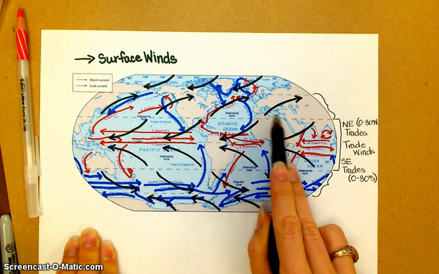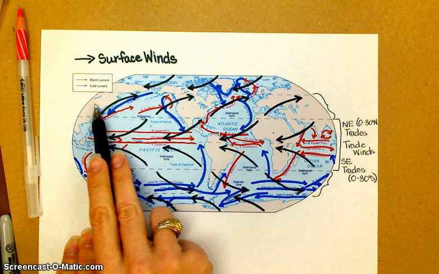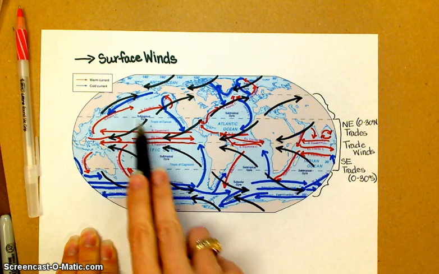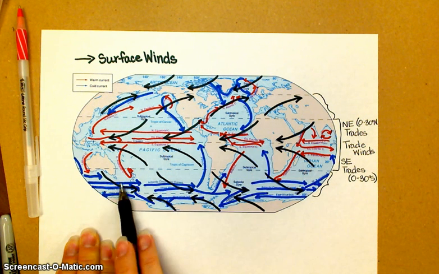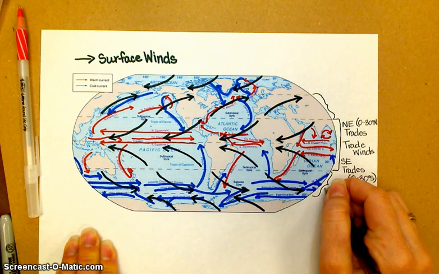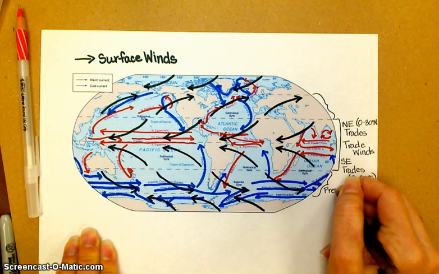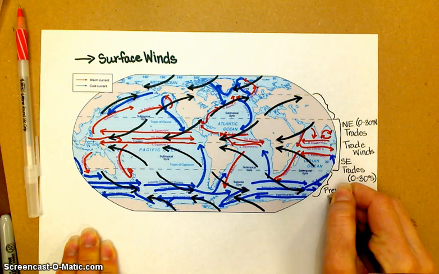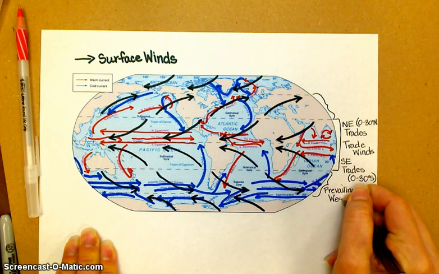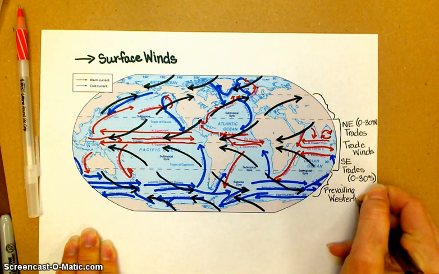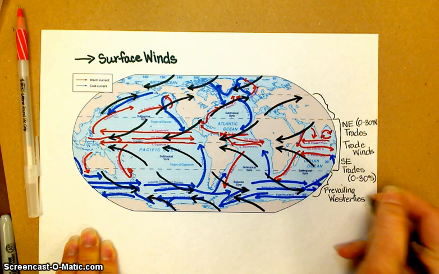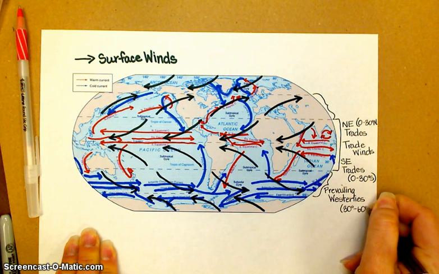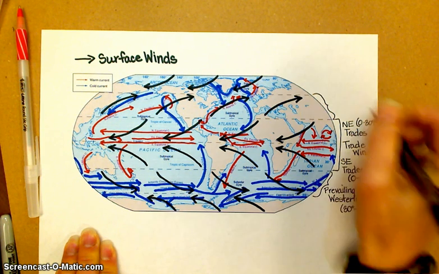It's not perfectly from the west, but more west to east than anything else, both in the northern and southern hemispheres. And so these are known as the prevailing westerlies in both hemispheres.